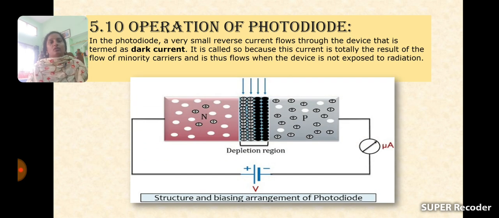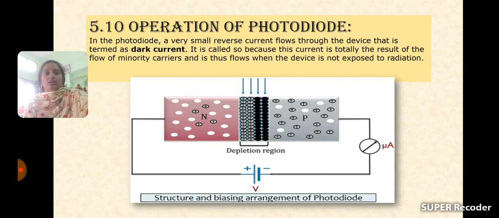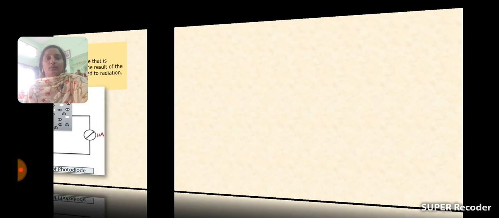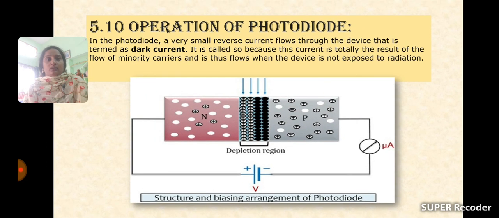And while coming to the operation, in this photodiode a very small amount of reverse current flows through the device, which is termed dark current. So the current that flows through the device in the absence of light is called what?